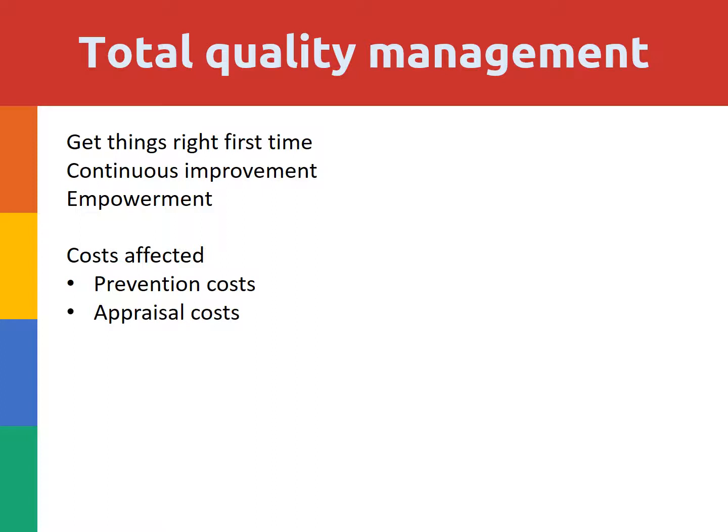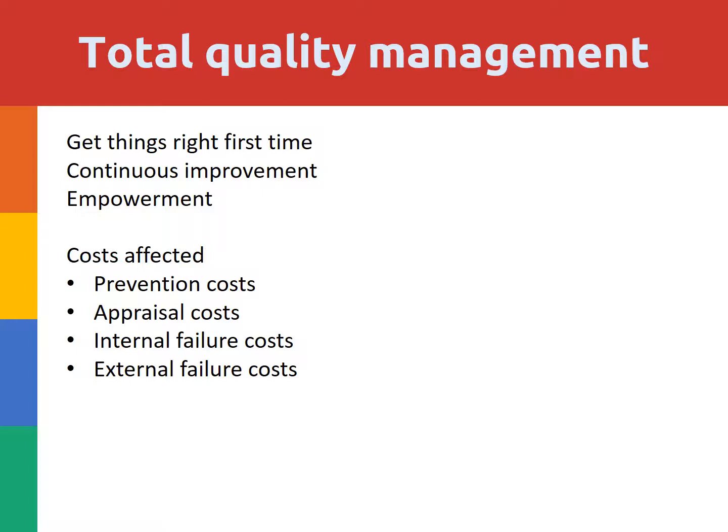Costs of non-conformance are the costs of not getting it right and include both internal and external failure costs. Internal failure is effectively what happens if mistakes are made but the goods don't leave the company. So this would include the cost of reworking errors, for example.